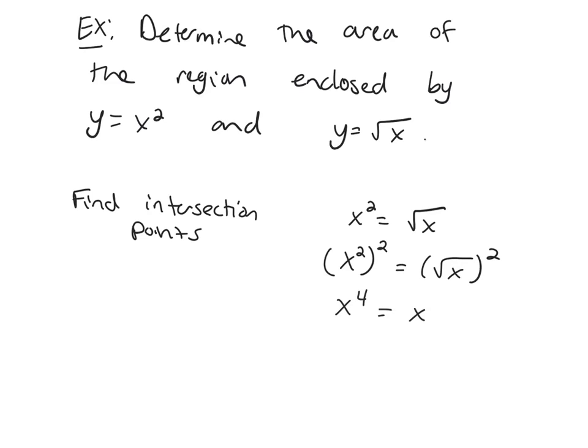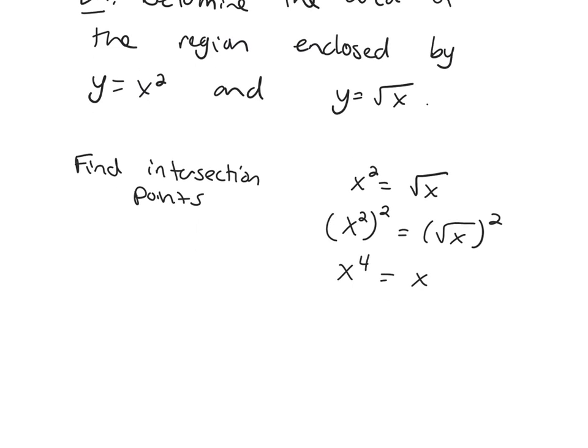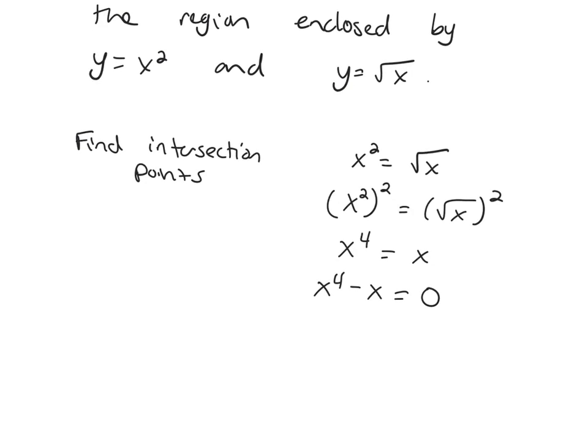Move all your terms over to one side, so I'm going to subtract x over. And then I notice x to the fourth minus x, I can factor out an x.